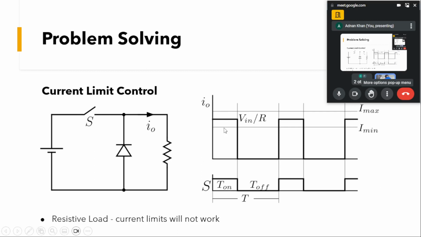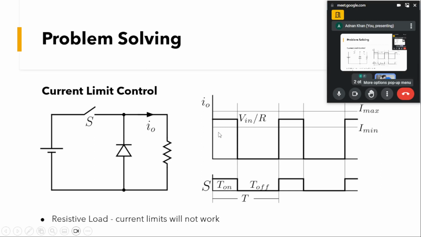When we apply this voltage, the capacitor may be in the discharged state and it will draw a huge amount of current, and we'll get a spike of current to a higher value at the start, and then the current will come down.